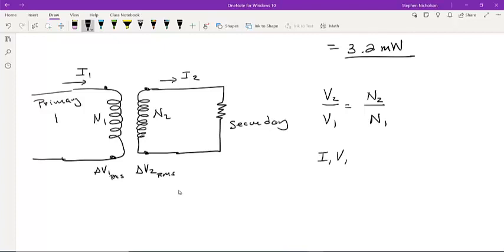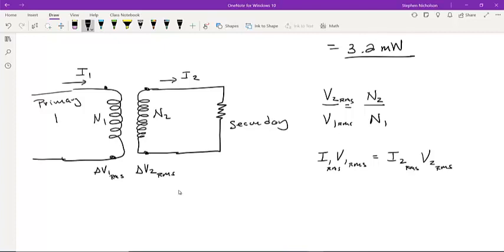And again, we'd use the RMS values here. If I don't say it's RMS, you assume it's RMS. The same thing's true for the current here. They're the root mean square values. So current times voltage is power. So we're conserving energy or power across these transformers.